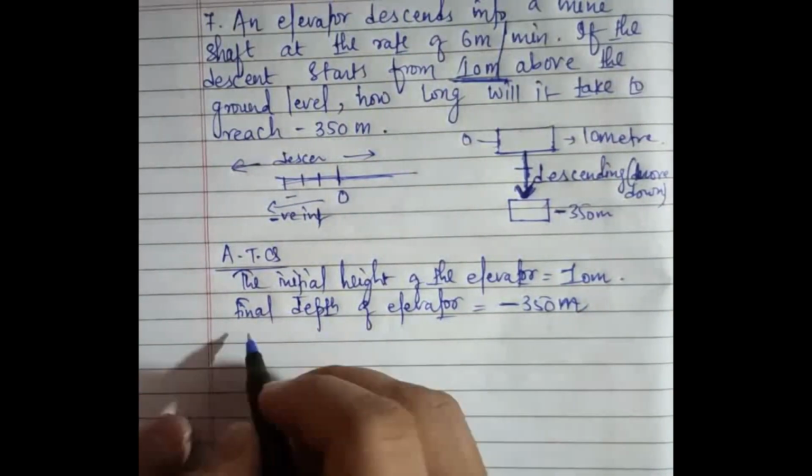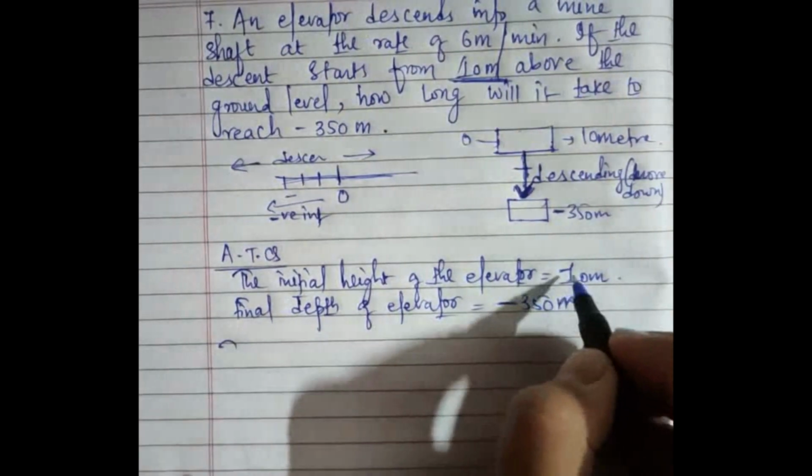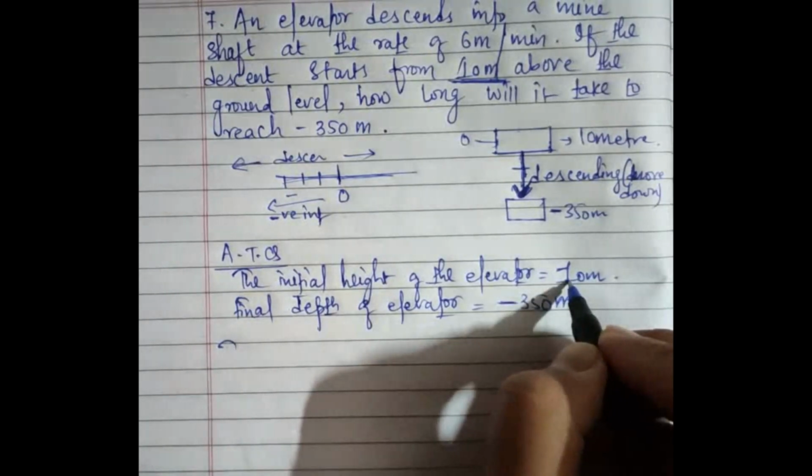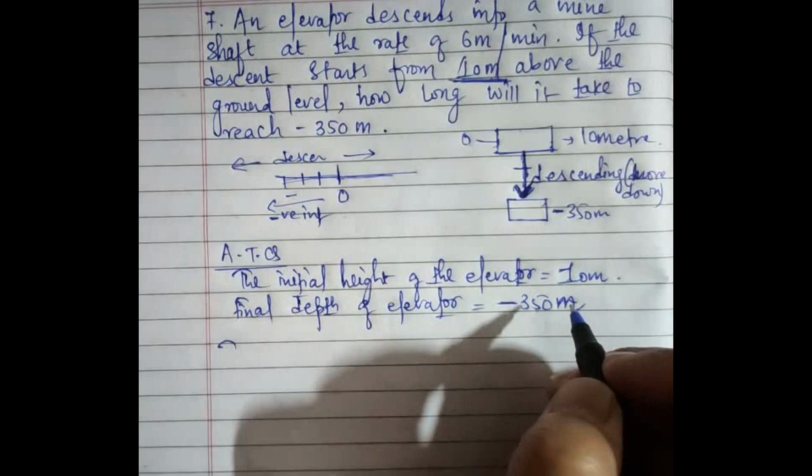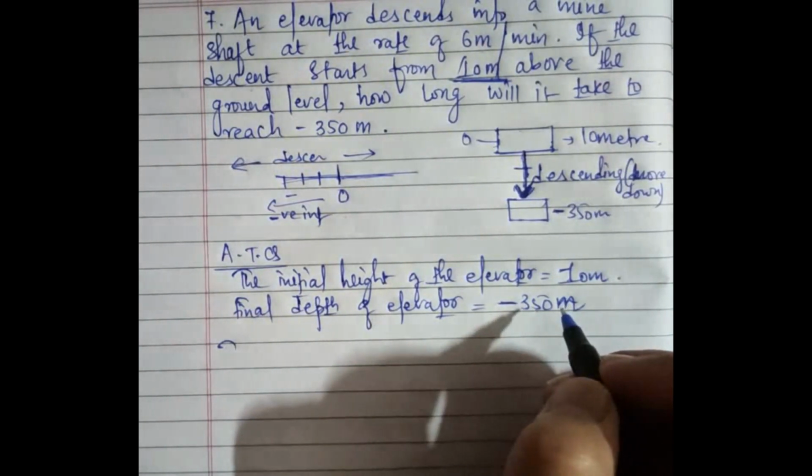All right. So there are two positions. It has started from 10 and it has to reach -350. So we have to find the total distance, the distance gap.